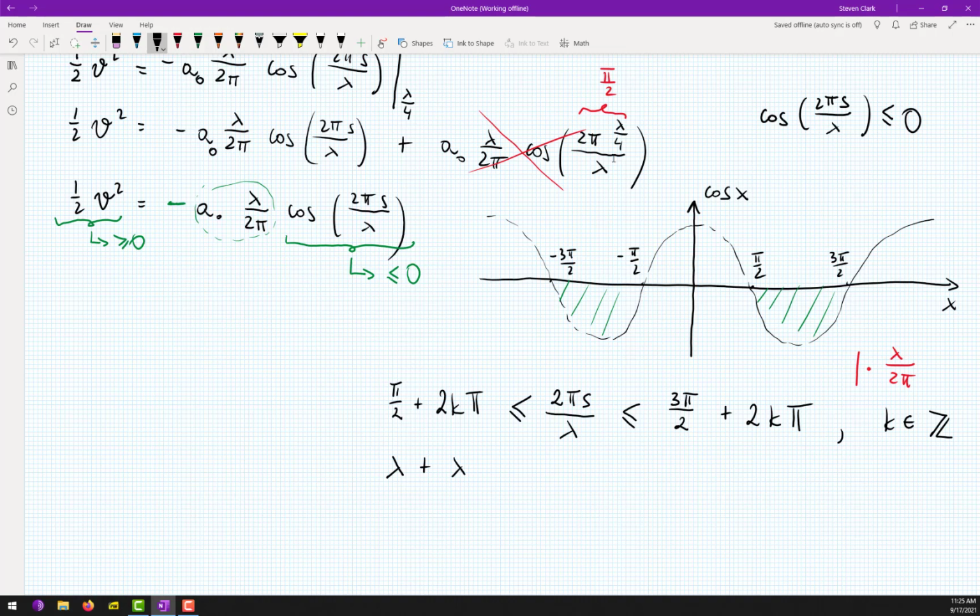Lambda plus lambda k lower equal, oh no, sorry, not lambda. Lambda divided by 4. Okay, so this is our expression for s. These are our bounds, by the way. We are getting closer to our solution.